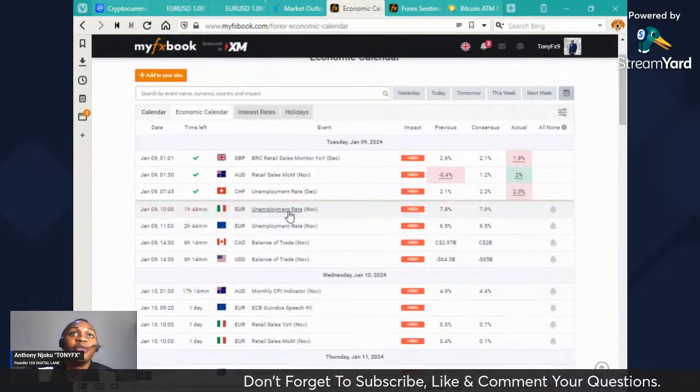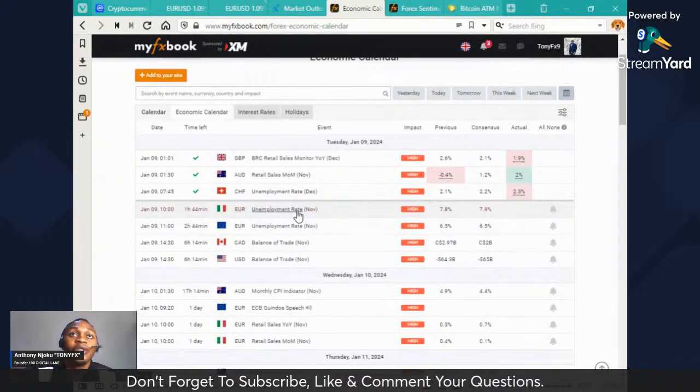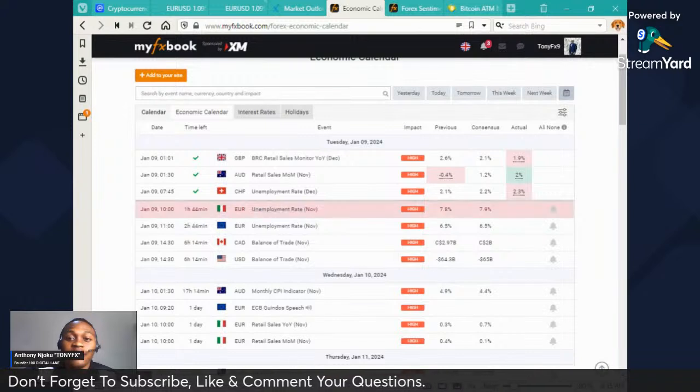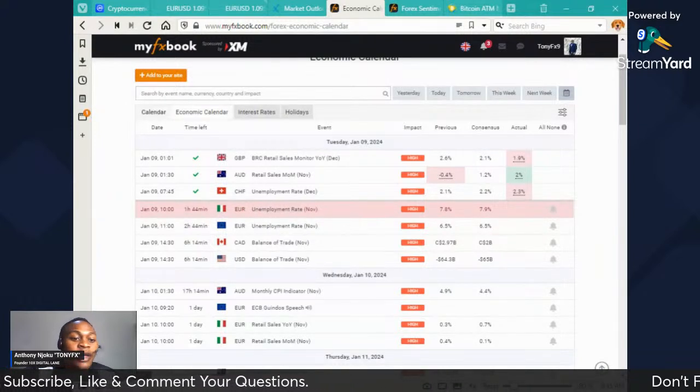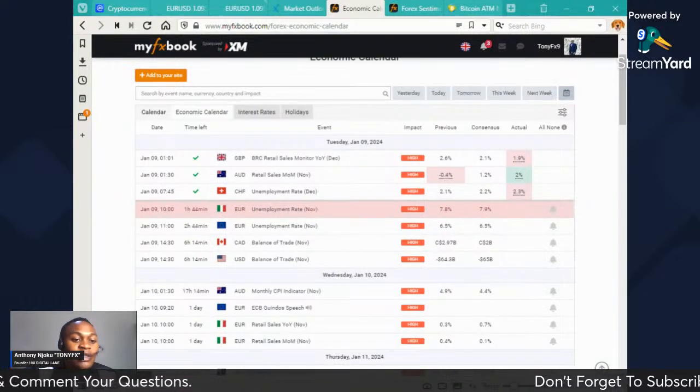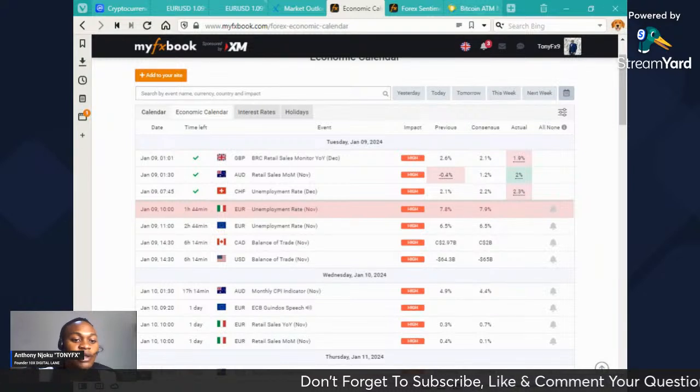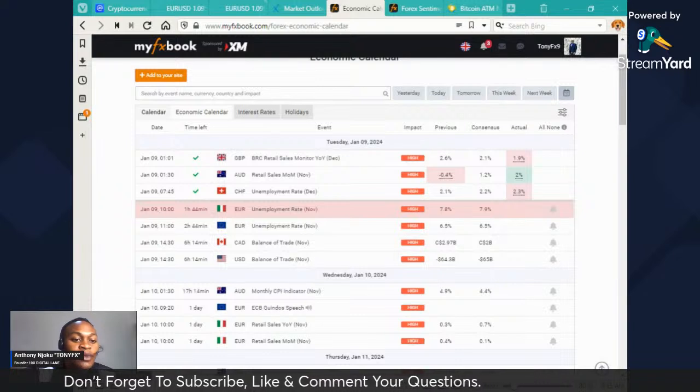The main trigger for liquidity could be this unemployment rate. And if I check the docket for today, I don't see any ECB executive speaking on the docket for today.